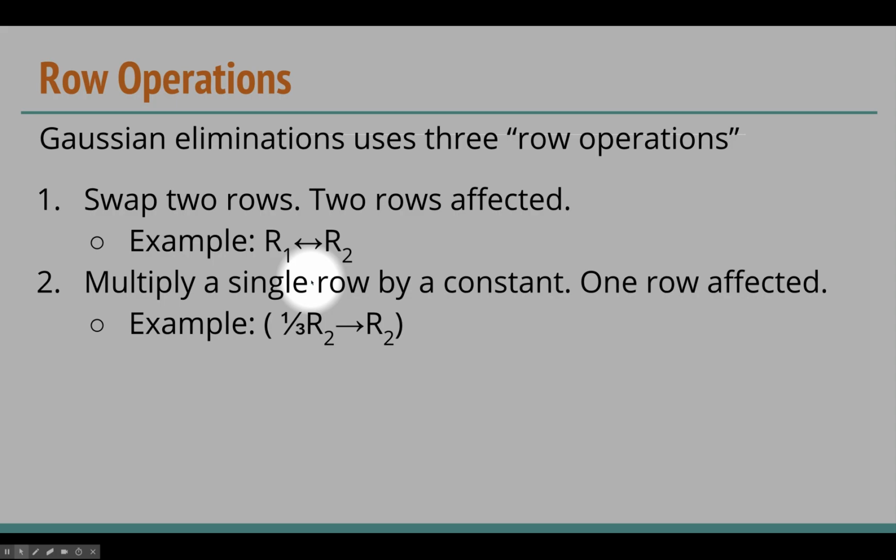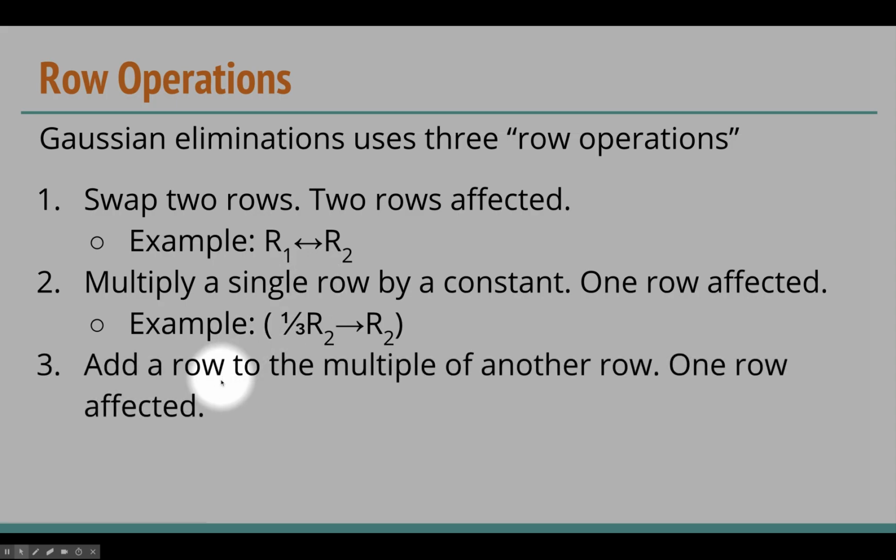This third one's a little less intuitive. It says we can add a row to the multiple of another row. In this case, only 1 row is affected. Let me show you the notation here. What we're doing is we're replacing row 2 with itself added to a non-zero multiple of a different row.